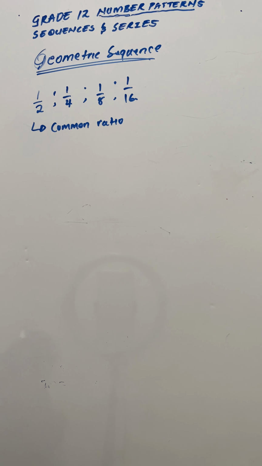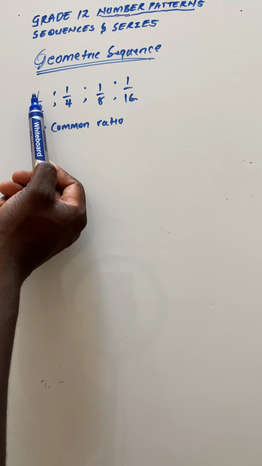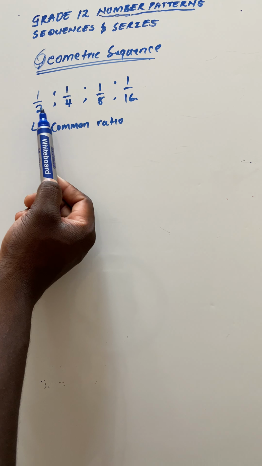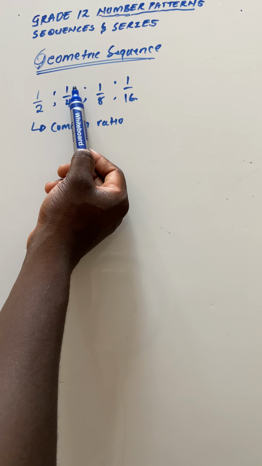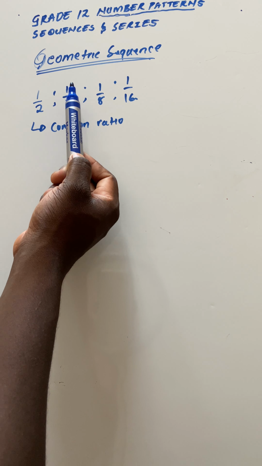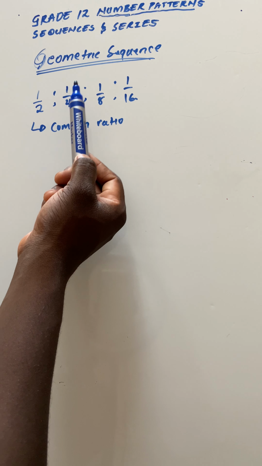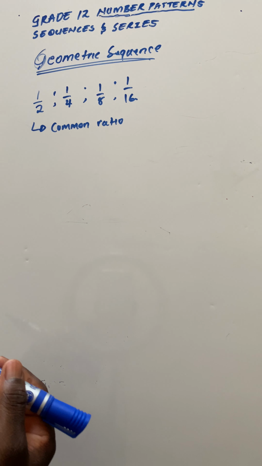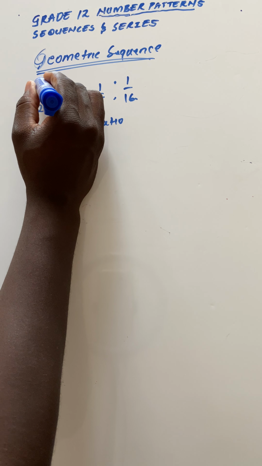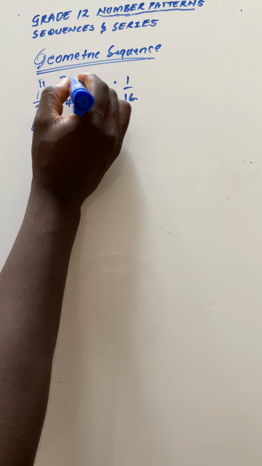To move from 1 over 2 to 1 over 4, we need to multiply by 1 over 2. So 1 over 2 times 1 over 2 will be 1 over 4. To move from 1 over 4 to 1 over 8, we again multiply by 1 over 2. So 1 over 2 becomes your common ratio, which we use to move from term number 1 to term number 2.